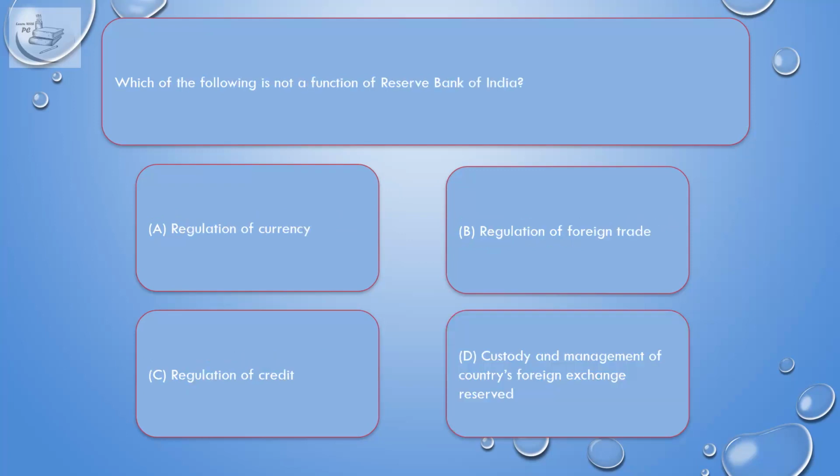Question: Which of the following is not a function of Reserve Bank of India? A. Regulation of currency. B. Regulation of foreign trade. C. Regulation of credit. D. Custody and management of country's foreign exchange reserve. Correct answer is B. Regulation of foreign trade.